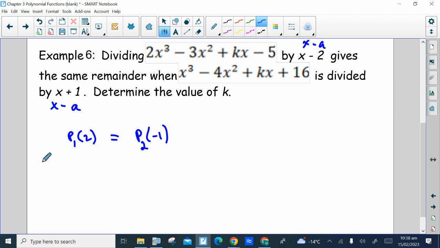So in the first equation, I'm going to let x equal 2, and that will equal what I get in the second equation when I let x equal -1.